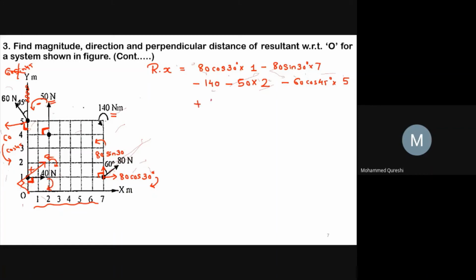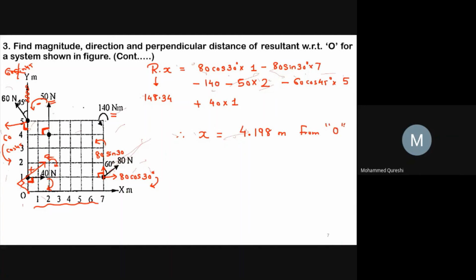So plus 40 into 1, and we had obtained the value of the resultant as 148.34 in the previous slide. After solving the above equation, you will get the value of x as 4.198 meters from point O.